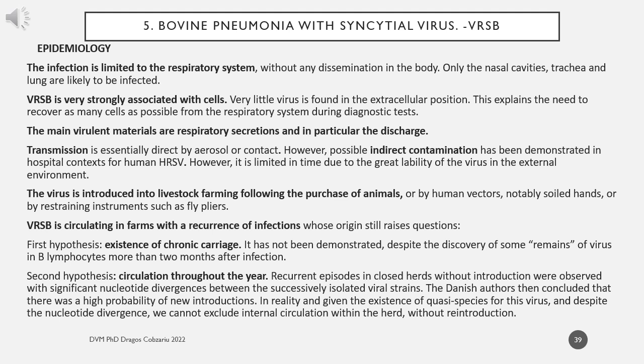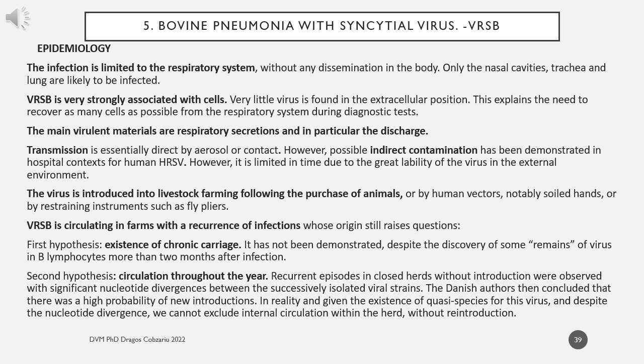VRSB is circulating in farms with a recurrence of infections whose origin still raises questions. First hypothesis: existence of chronic carriage. It has not been demonstrated, despite the discovery of some remains of virus in B lymphocytes more than 2 months after infection. Second hypothesis: circulation throughout the year.